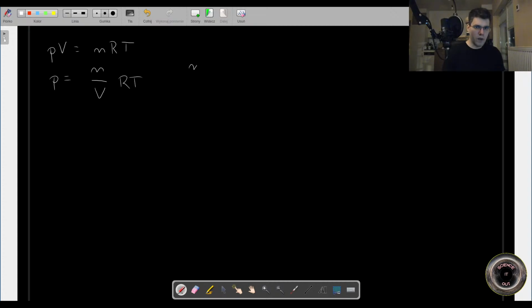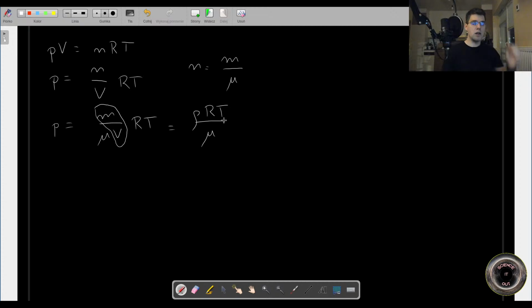And n, the number of moles, we can take to be the mass of gas divided by the molar mass, the mass of a single mole of gas. So we will write that P equals m over mu V times RT. And this mass divided by volume is just density. So we have that this is equal to density times RT divided by molar mass. And that's the equation.